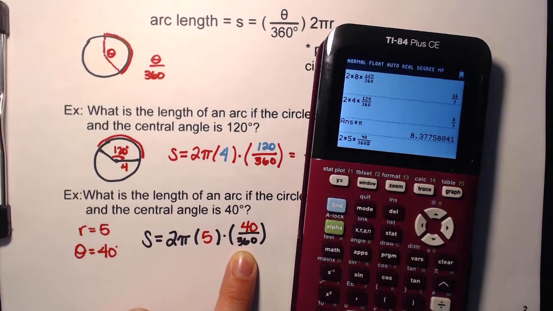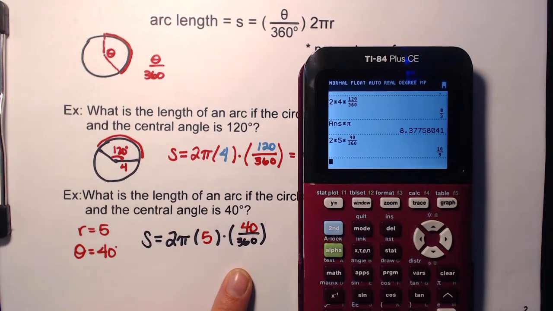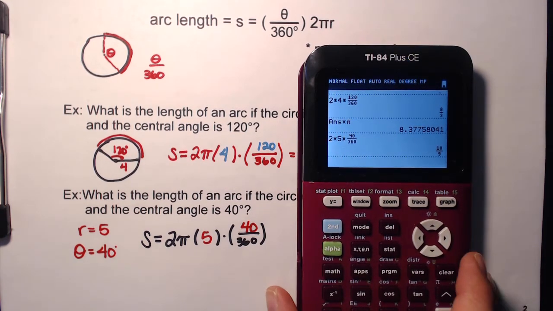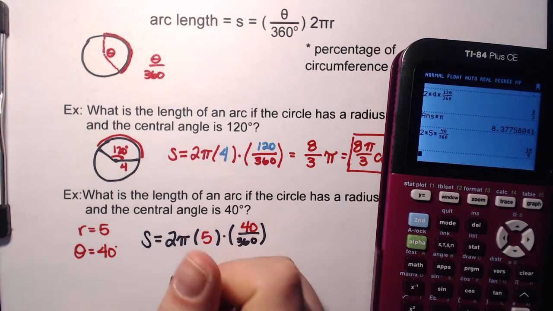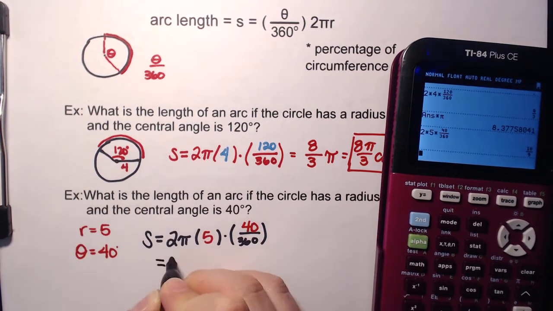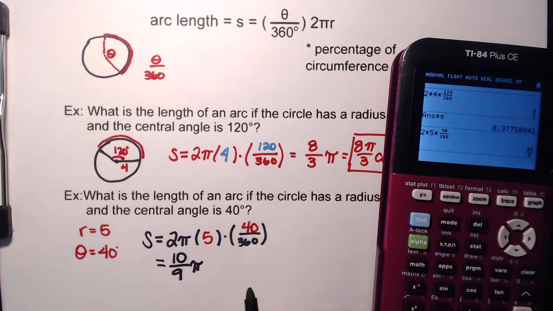Now if your calculator can't put something into a fraction, you can always simplify fractions by hand. But this is going to give me 10/9. We still have that pi.